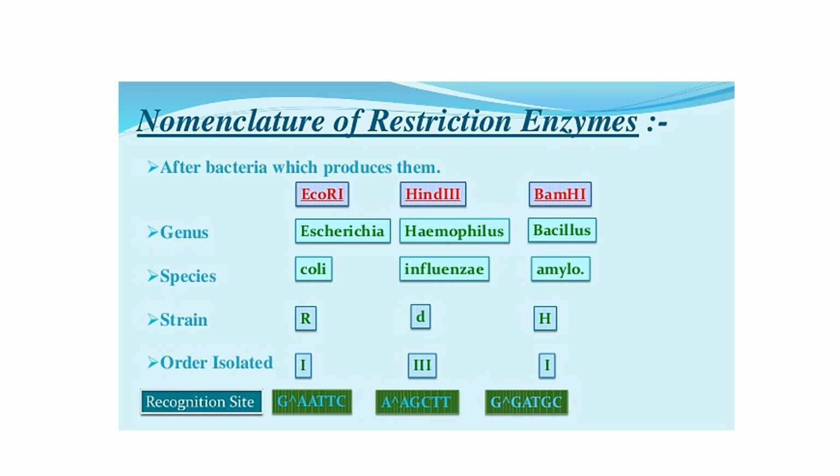All are in 5' to 3' orientation. BamH1: B from Bacillus, am for amyloliquefaciens, H is for the strain, and I is the order of isolation, and the recognition site is GGATCC, and the cutting site is after G. All are in the 5' to 3' direction in the DNA strand.